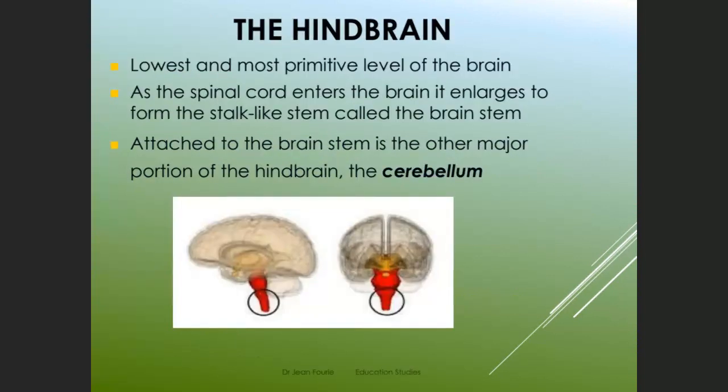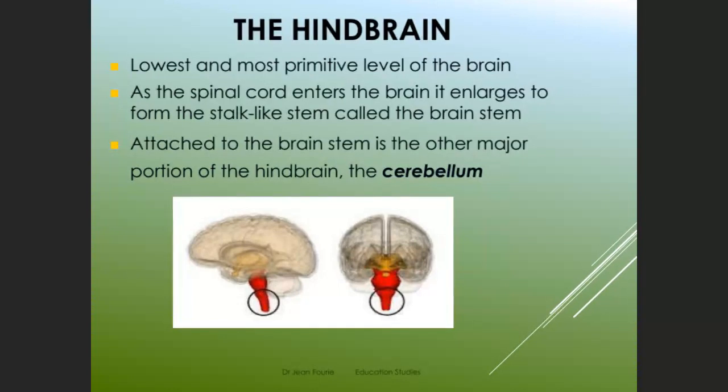Now we get to the hind brain, which is considered the lowest and most primitive level of the brain, and it is where the spinal cord comes from the spine and enlarges to form a stalk-like part called the brain stem, and the brain stem is attached to a major portion of the brain, also part of the hind brain, which is known as the cerebellum.